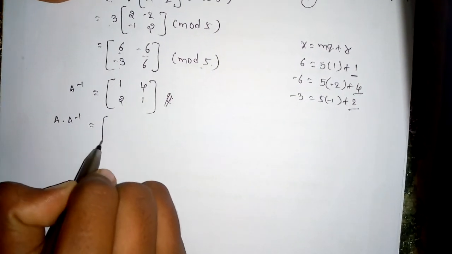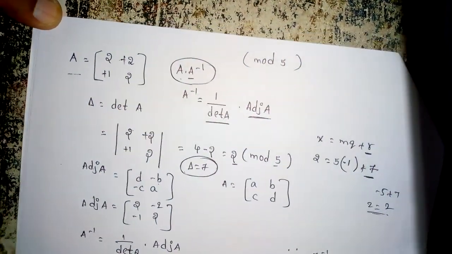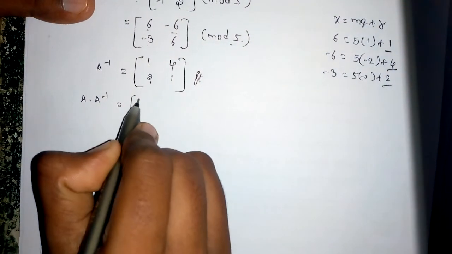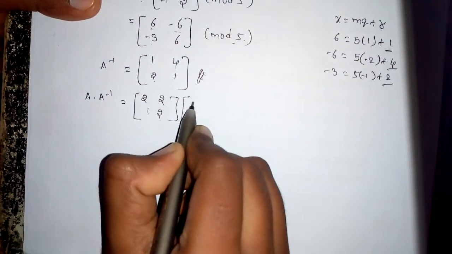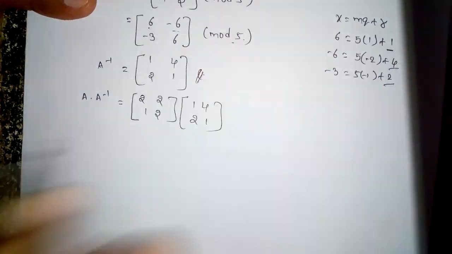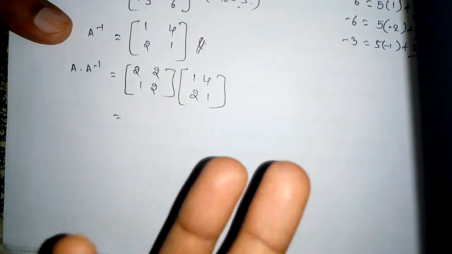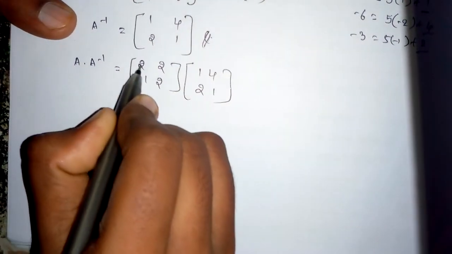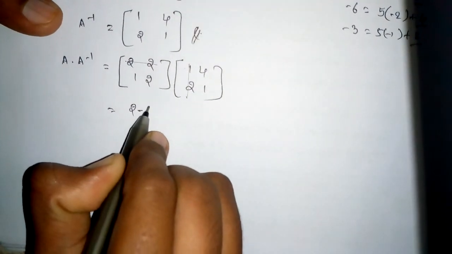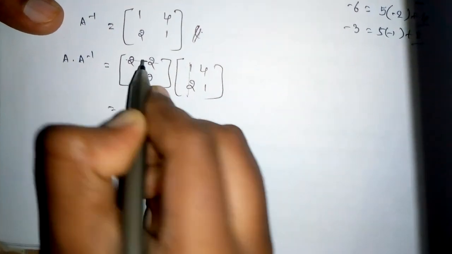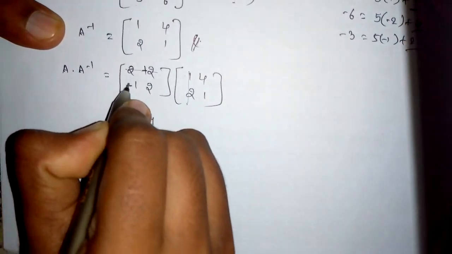Now if we apply this, as I already told, A is 2, 2, 1, 2 and then again 2, 2, 1, 2, and then A inverse is 1, 4, 2, 1. I think you all know the multiplications. Then do the matrix multiplication: 2 into 2, 2 minus 4 because it is minus 2, plus 2 and then plus 1.